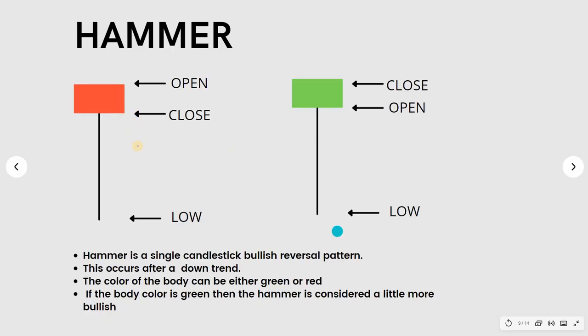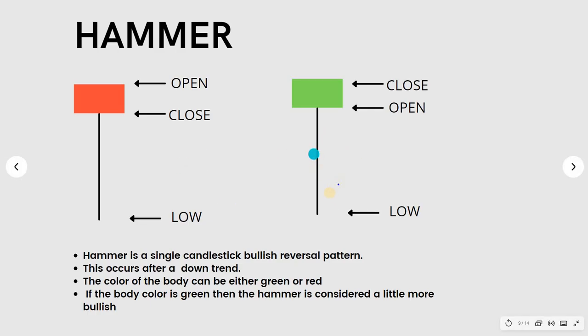A hammer happens during a downtrend. It can happen in a downtrend, or it can happen after an impulsive move as well. It can form as a reversal pattern, and if you see a hammer at that point, you can understand that there is rejection at this level.